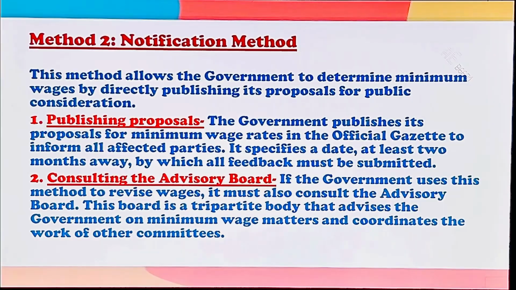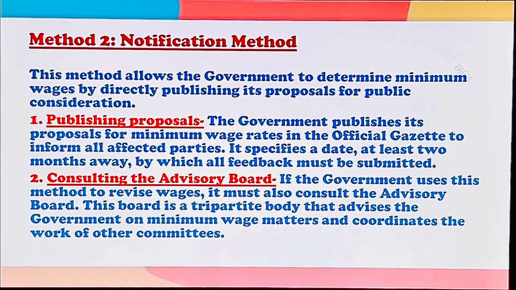First step is publishing proposals. The government publishes its proposals for minimum wage rates in the official gazette to inform all affected parties and specifies a date, at least 2 months away, by which all feedback must be submitted.